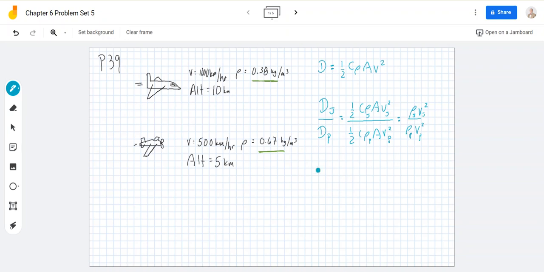So, to get the ratio, all right, I think we can just plug these things in. So here we have, for the jet, it's 0.38 times the velocity squared divided by the density times the velocity squared. And I think we can just plug and chug that and see what happens.